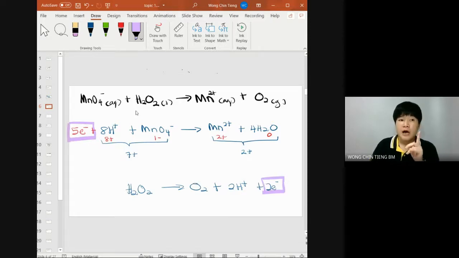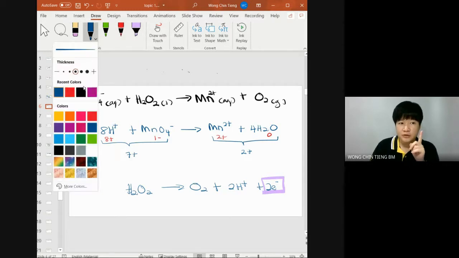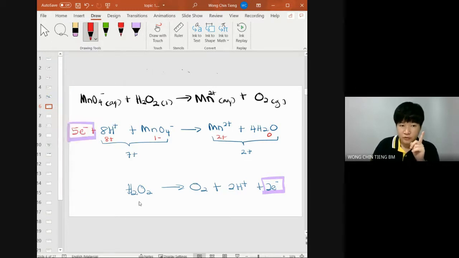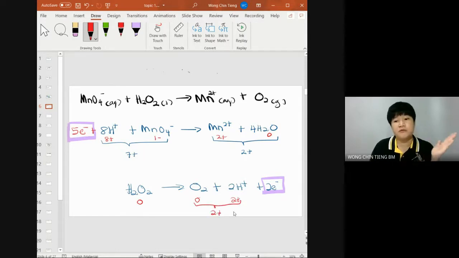Setuju? Before I move on, let's check betul tak. You have your H2O2 over here is 0. Oxygen is 0. 2H plus, so you have 2 positive. Therefore, give rise to a total of 2 positive. Kosong dengan 2 positive. 2 positive menang. So, dapat 2. Setakat ni. Problem? No. Kalau semua orang betul kat sini, have you proceed or should I still give time?